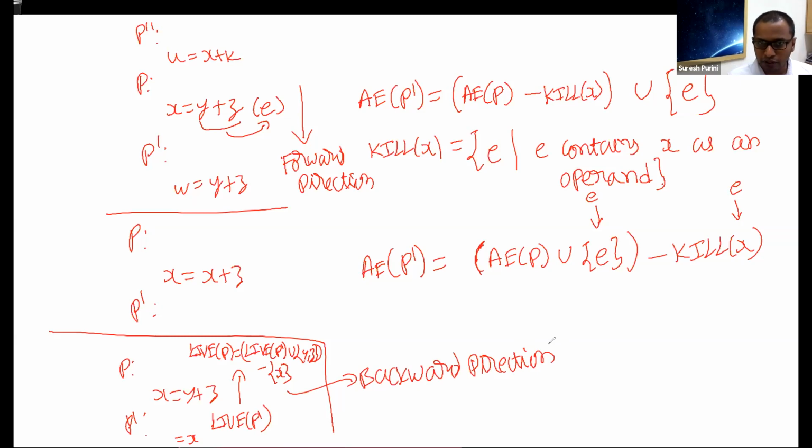Now let's look at what happens if pointers are being used in our program. The way we handle pointers when we are dealing with available expressions is relatively simple.